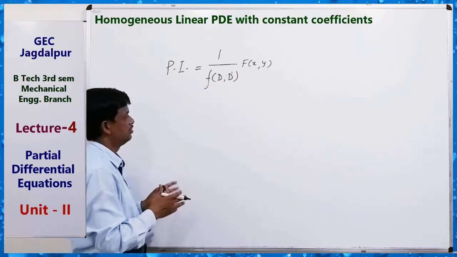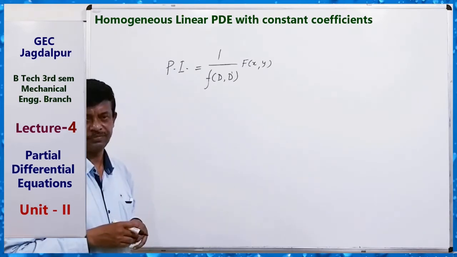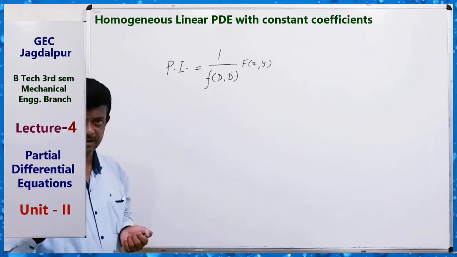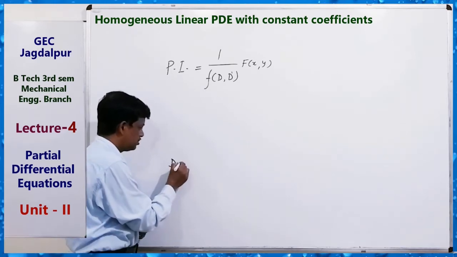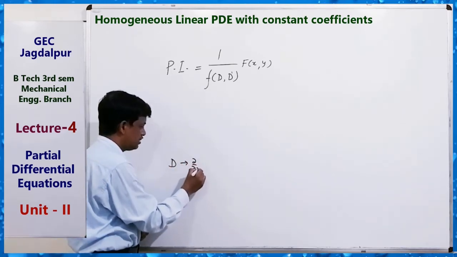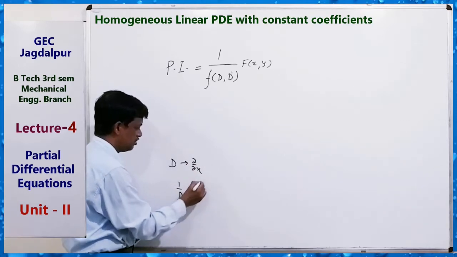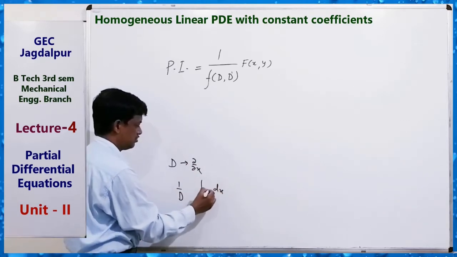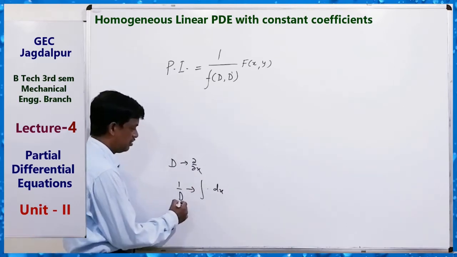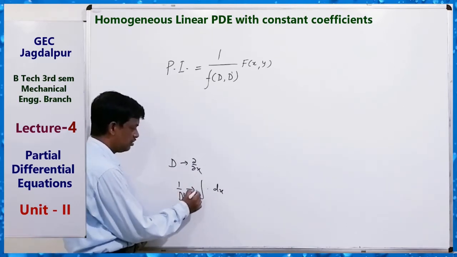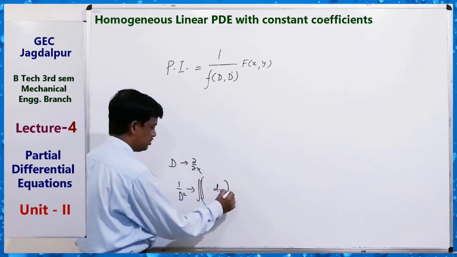Okay, there are also some special rules for finding it. Note down: if D denotes del by del x, then 1 by D denotes integration with respect to x, one time. If D square, then 2 times integration.